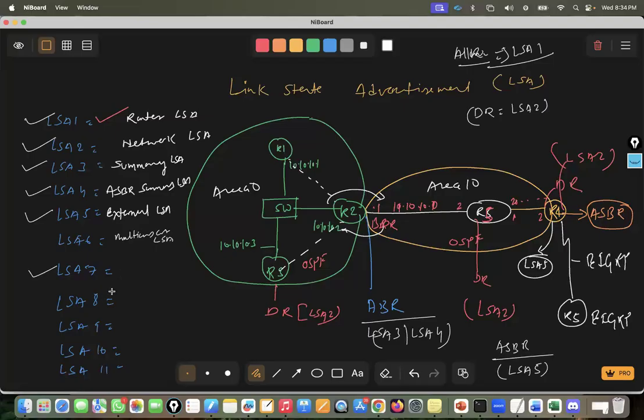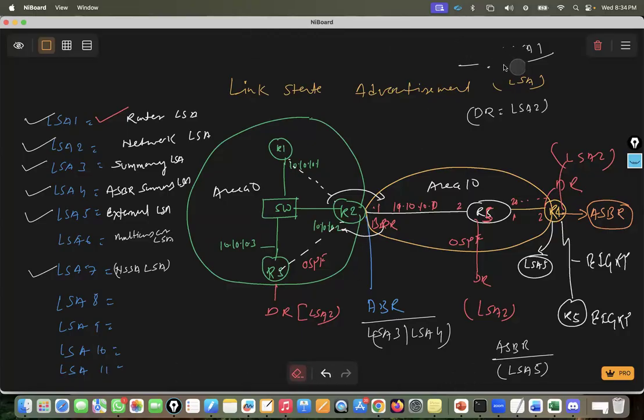Now we have the very special LSA that is known as the not-so-stubby area LSA. Now this is a very special area type. In our OSPF, we have multiple area types. I will do the lab one by one later on, but let me write it here.